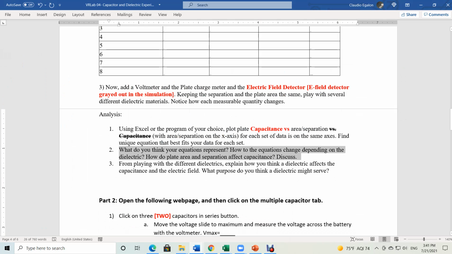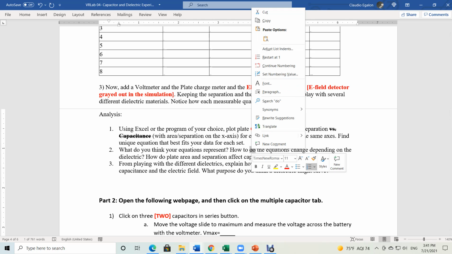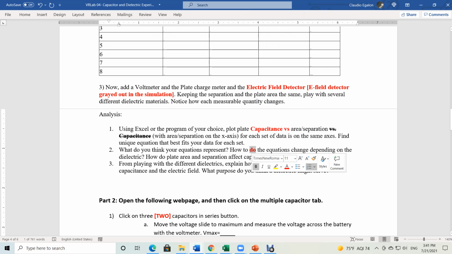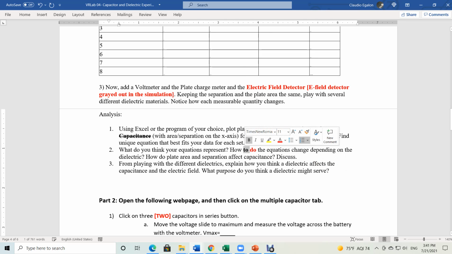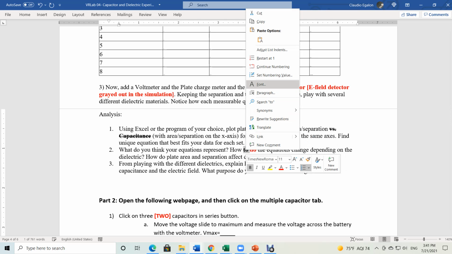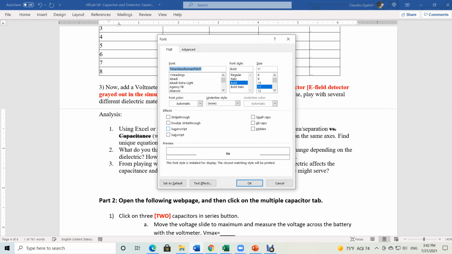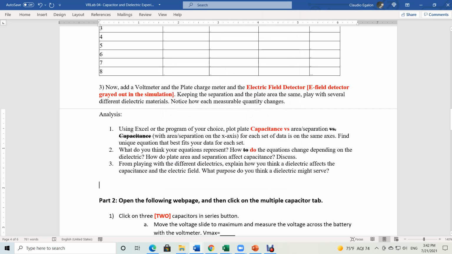What do you think our equation represents? How do the equations change depending on the dielectric? Do, he meant do, right? How do the equations change depending on the dielectric? Right?